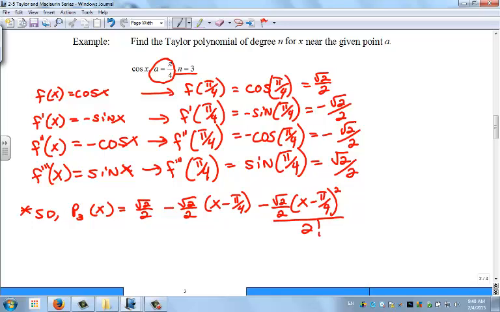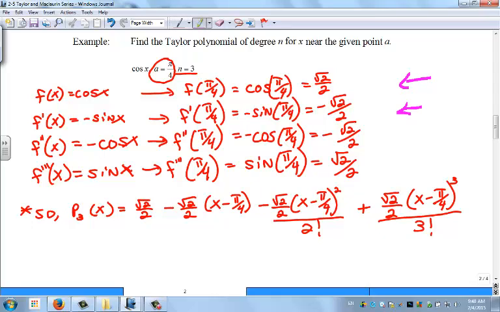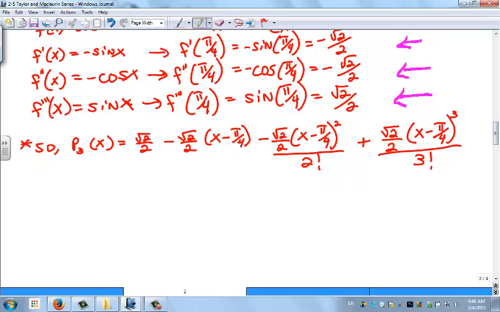And then finally, we need plus f triple prime of x, which is radical 2 over 2, times x minus pi over 4 to the third all over 3 factorial. Okay, so you're just using these values that you get for the first, second, third derivatives, right? That's all you're doing.